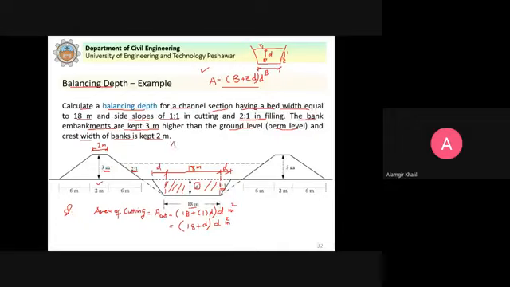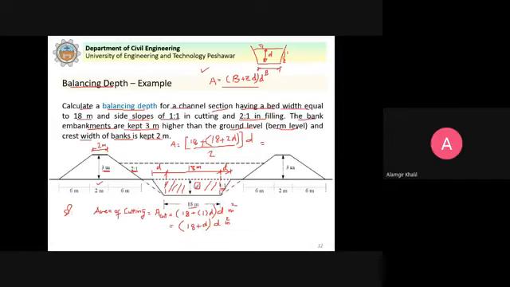Now to calculate the area, this will be equal to the sum of the bottom width, that is 18, plus the top width, that is 18, plus D and D, so this is 2D, divided by 2, we take the average of this, multiplied by D. If you simplify this, 18 plus 18 plus 2D, so this 2 cancels out with this 2.